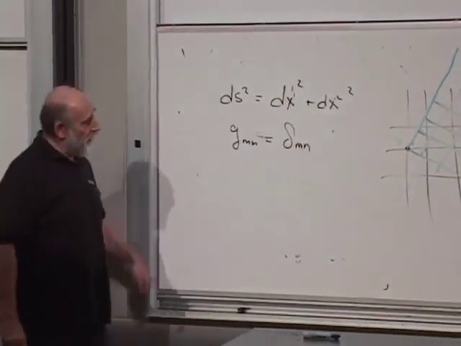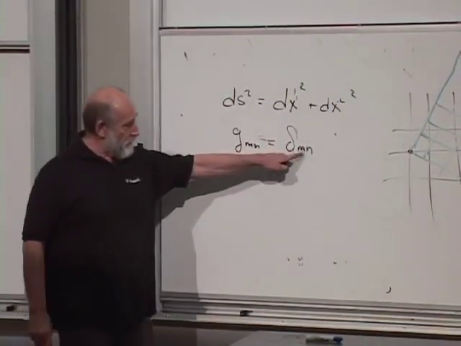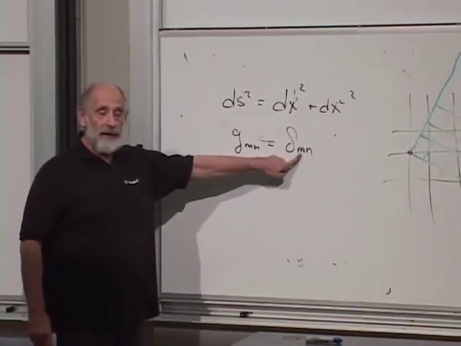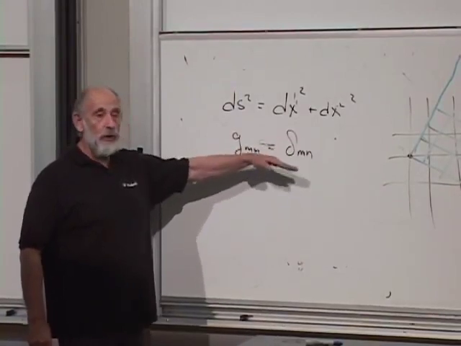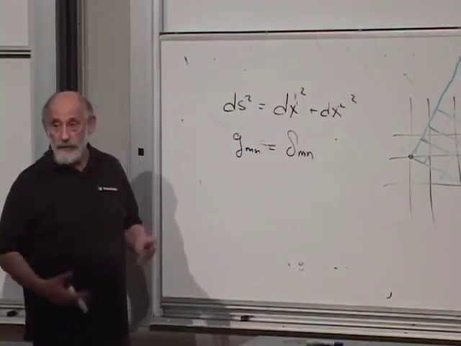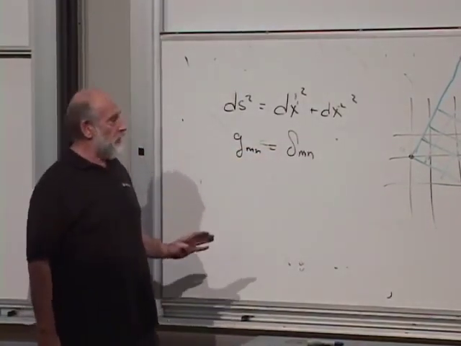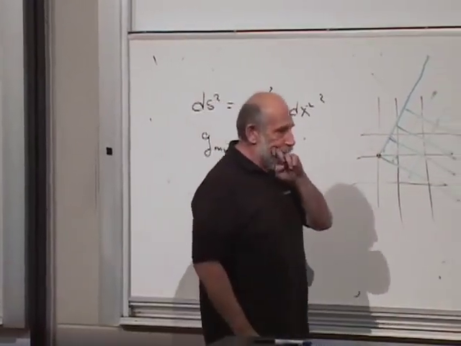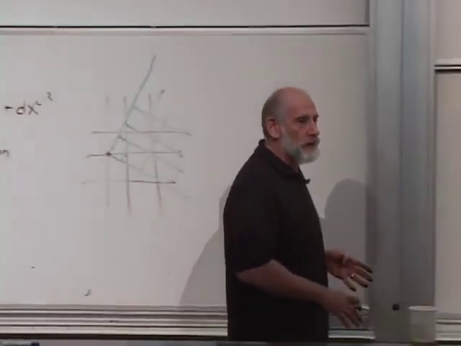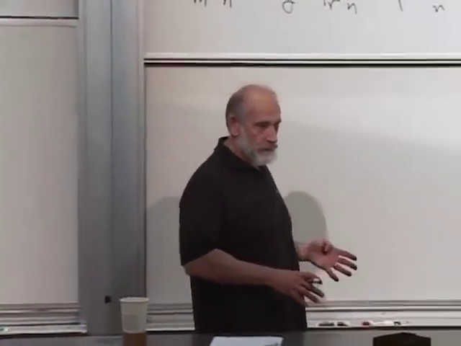Now, I said that, strictly speaking, delta_mn with both of its indices lower is not a good tensor object. It is a good tensor if all we're doing is translating between one set of Cartesian coordinates and another.